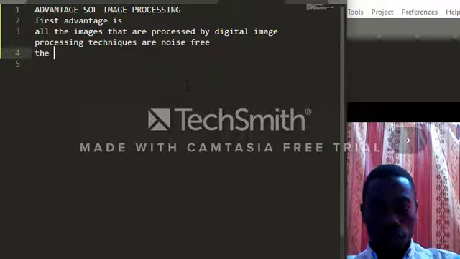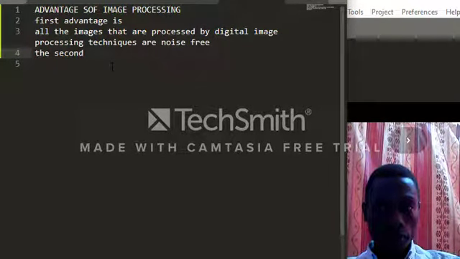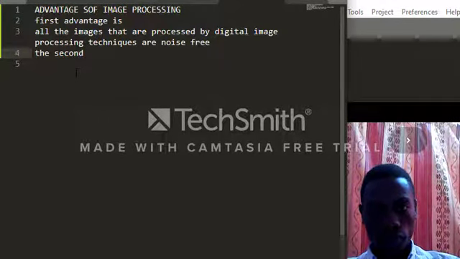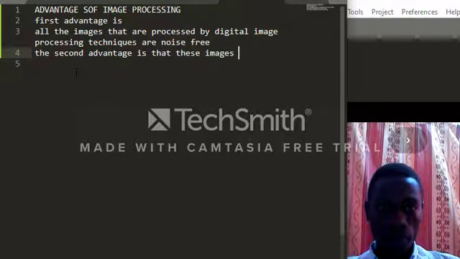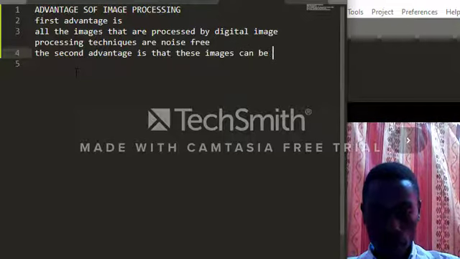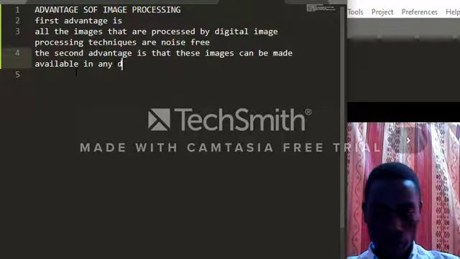So the second advantage is that these images can be made available in any desired format.